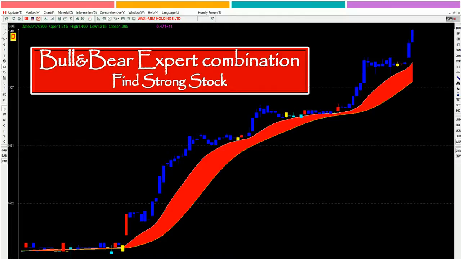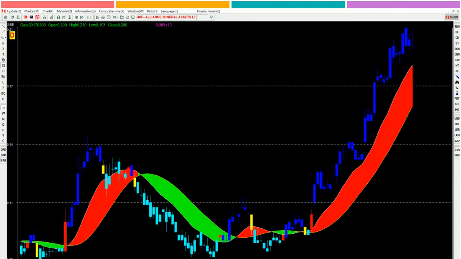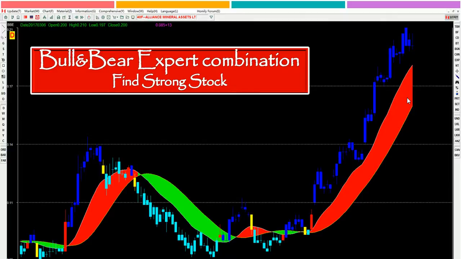Bull and bear expert combination, find strong stocks. So you can keep strong stocks. Then we can see here, if you buy around this price, now you can earn a great profit. Here can we buy or not? No, because it is a green band, so we cannot buy.